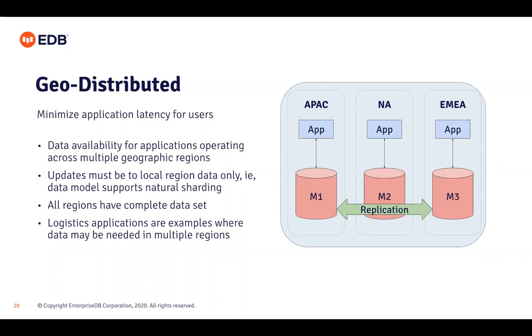So that's one example of a geo-distributed application and this multi-master replication scenario. That's one we see, and that's a way of accomplishing that use case.